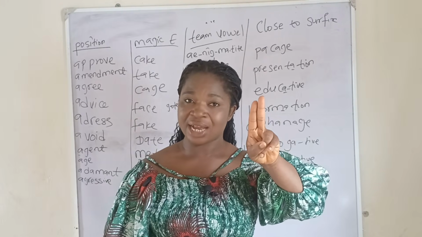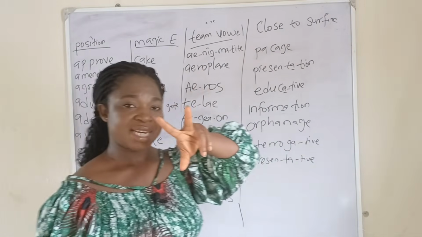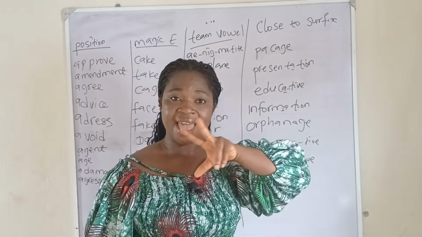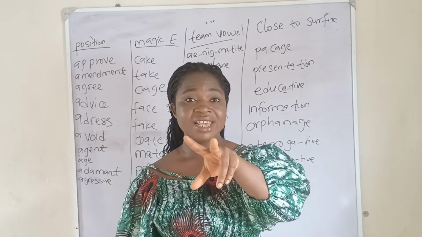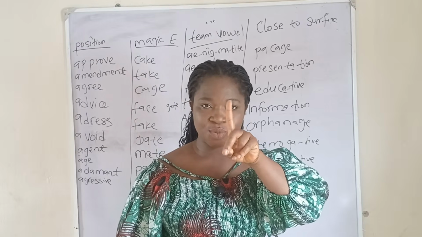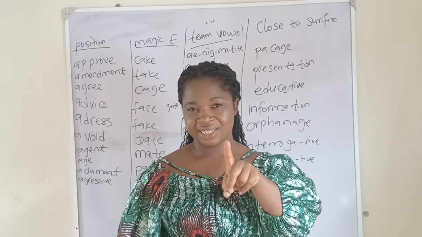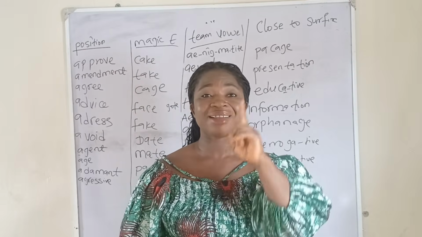being put together. For instance, I have A and E being put together and they actually make a sound, and not A-E. No, it is paired and it is pronounced as one. Okay, I don't know if you understand this. When we have two vowels being paired, they always give a particular one sound.